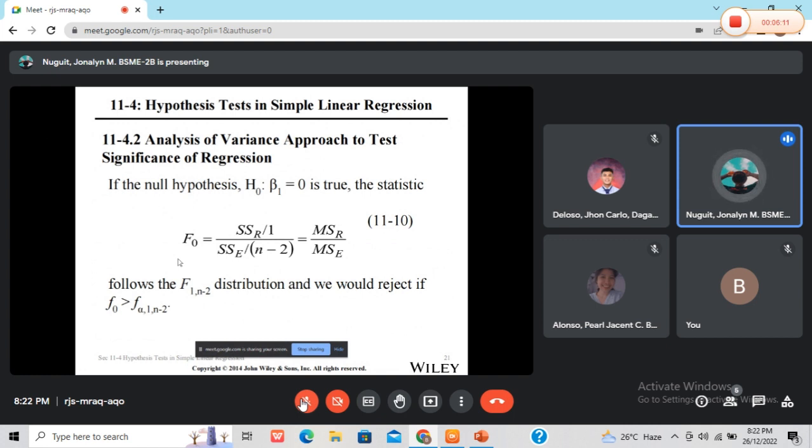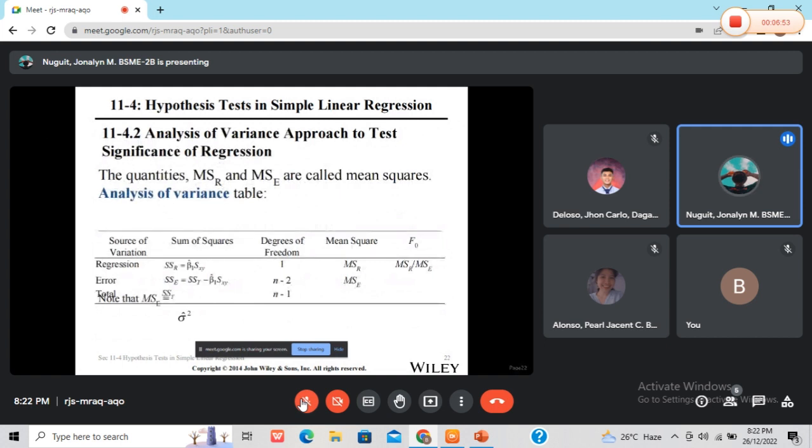F sub 0 is equal to SS sub R over 1 over SS sub E over n minus 2, equals MS sub R over MS sub E. This follows the F distribution with 1 and n minus 2 degrees of freedom, and we would reject if F sub 0 is greater than F sub alpha, 1 and n minus 2.